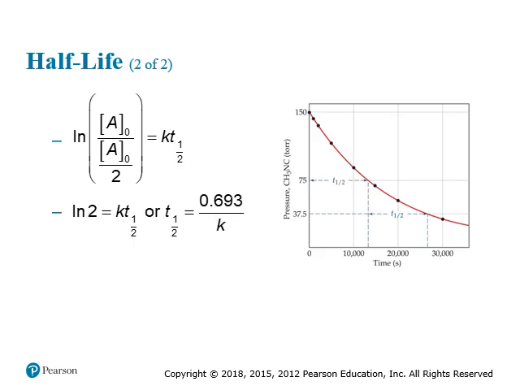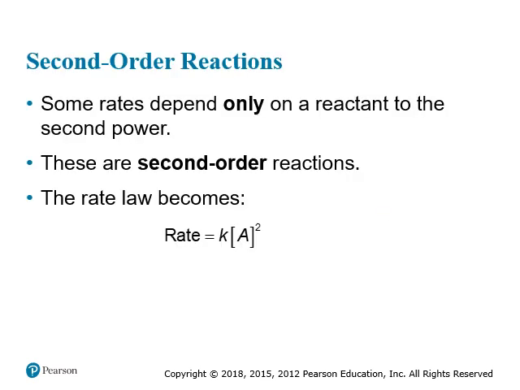If we follow these equations to their conclusion, then we will ultimately see that for a first order reaction, the half-life, or t sub 1/2, is equal to 0.693 divided by the rate constant. So the half-life is dependent upon the rate constant with this expression.